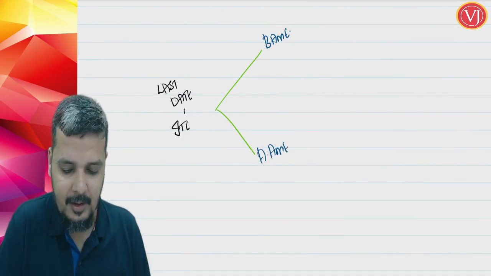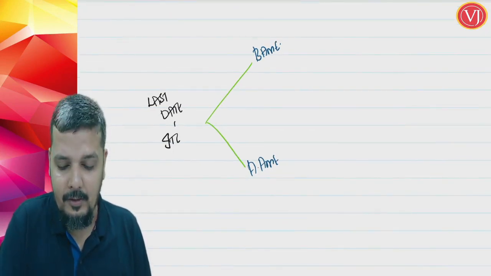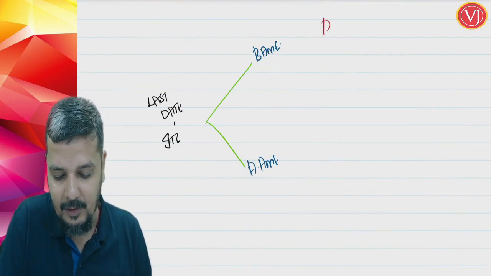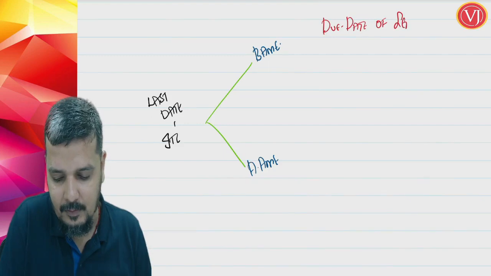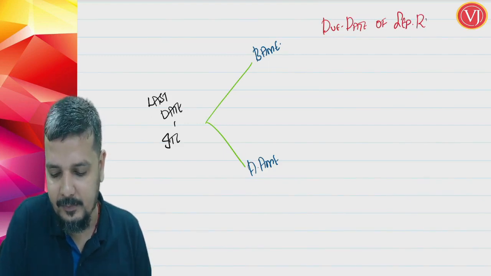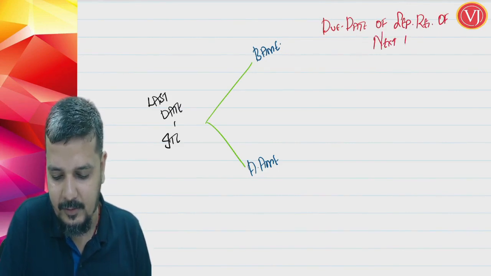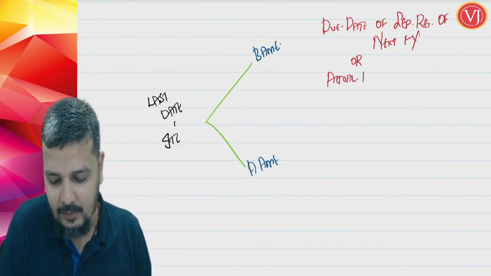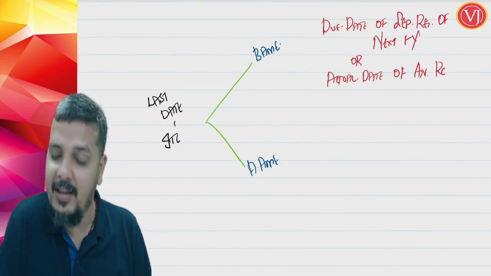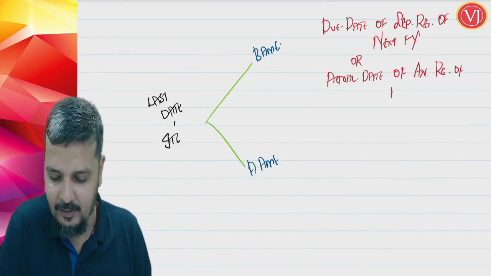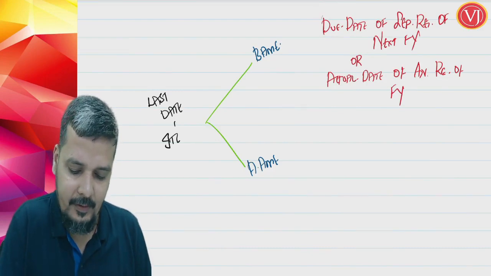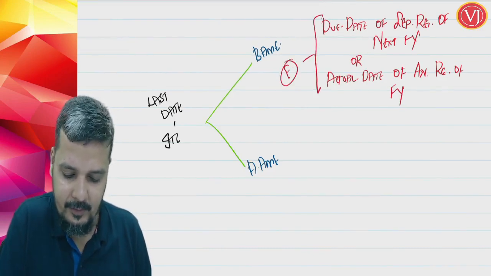Before the amendment, it was the due date of September month return of next financial year, or actual date of annual return of that particular financial year, whichever is earlier.